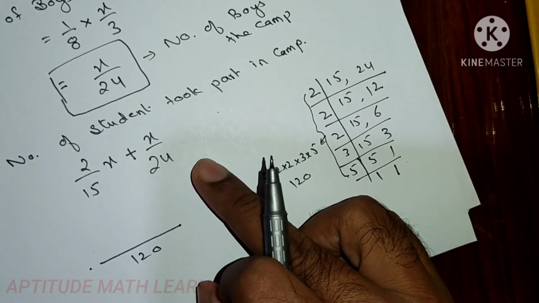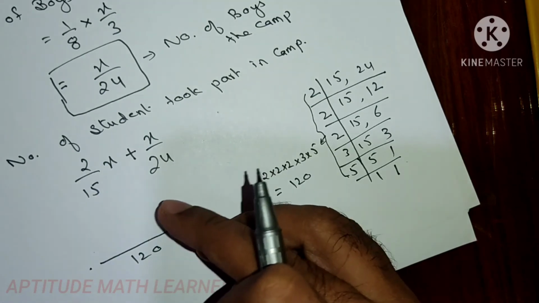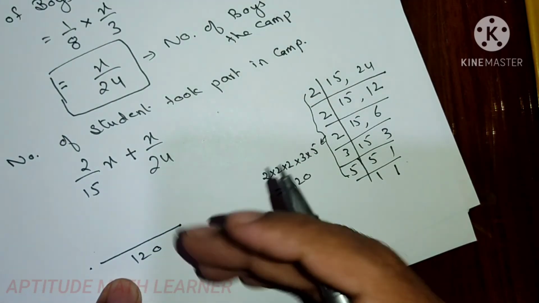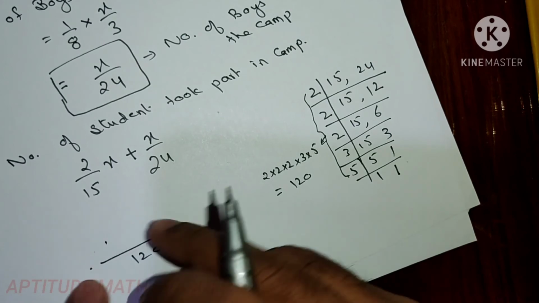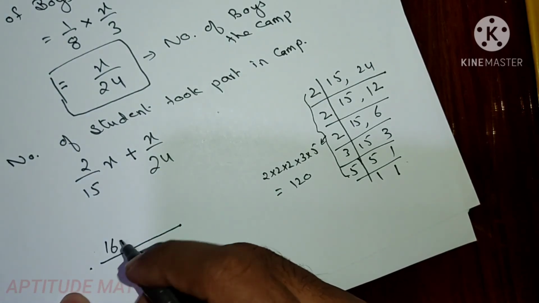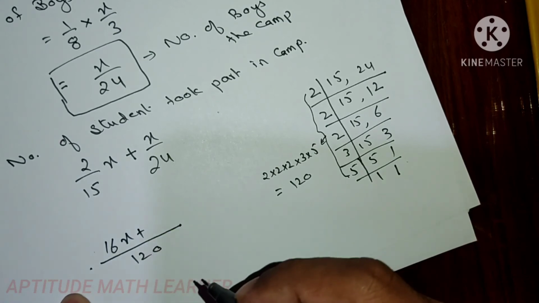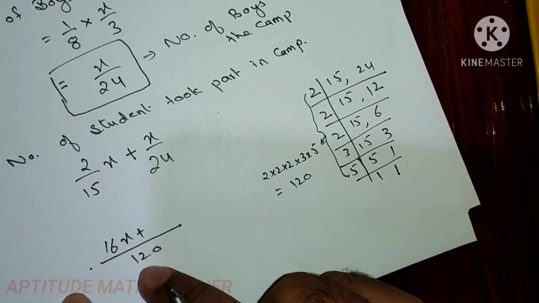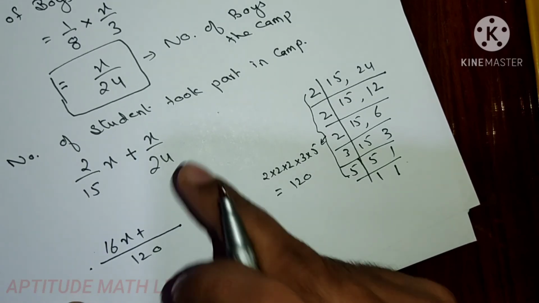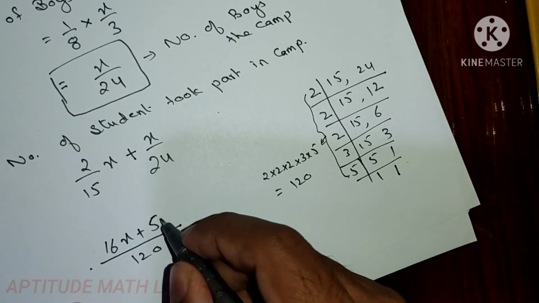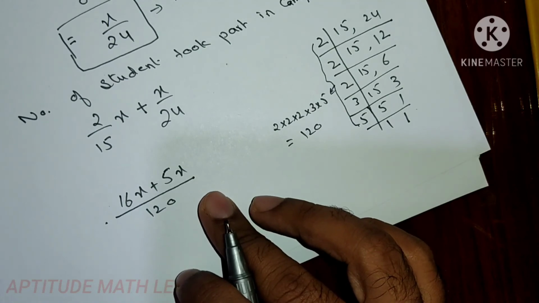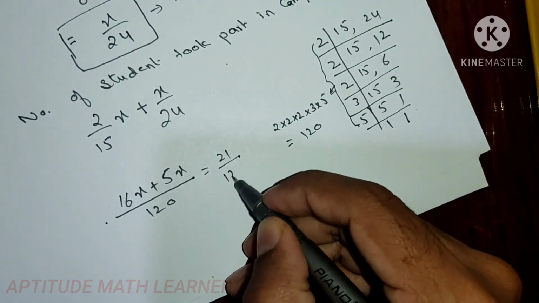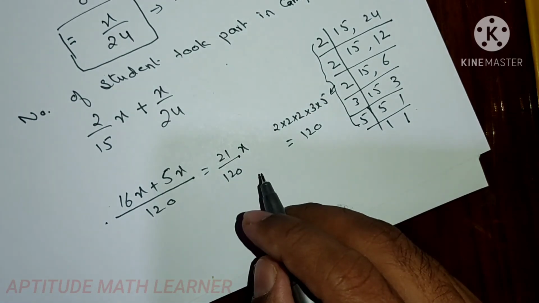So what would be the answer? 120 divided by 15, we get 8, and 8 multiplied by 2 gives 16x, plus 120 divided by 24, we get 5x. So 21x upon 120x.